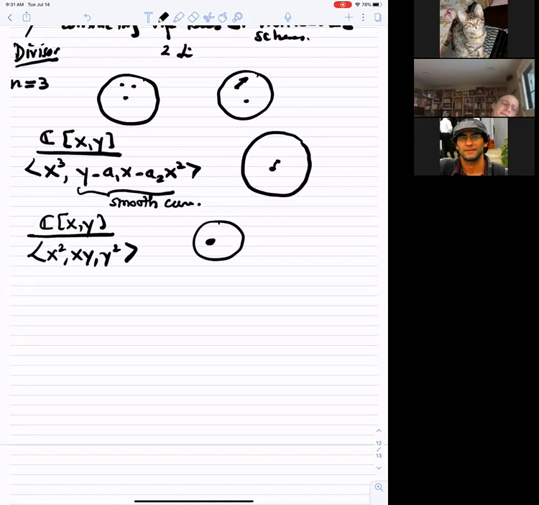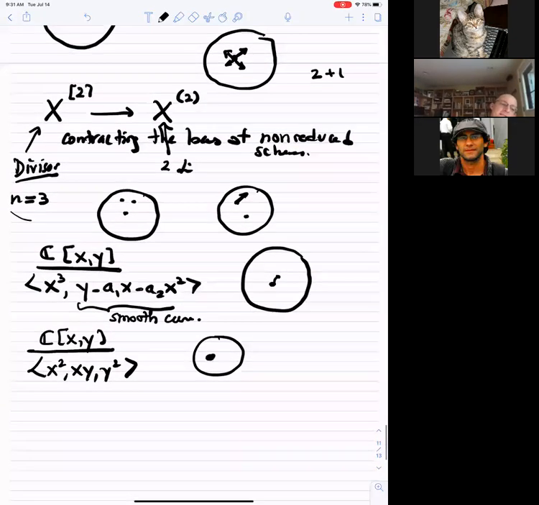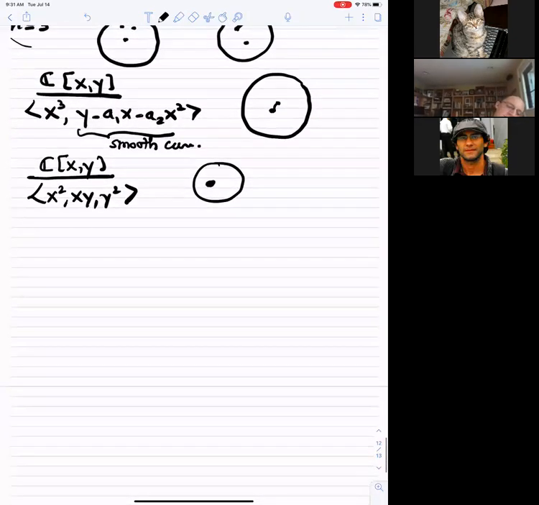And now you can imagine very easily that as the degree of the scheme increases, the possibilities get more and more complicated. So this raises the question: what happens if I look at schemes supported at a point? So the punctual Hilbert scheme.